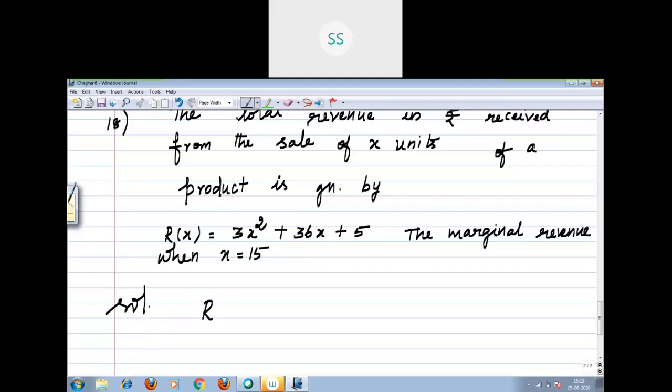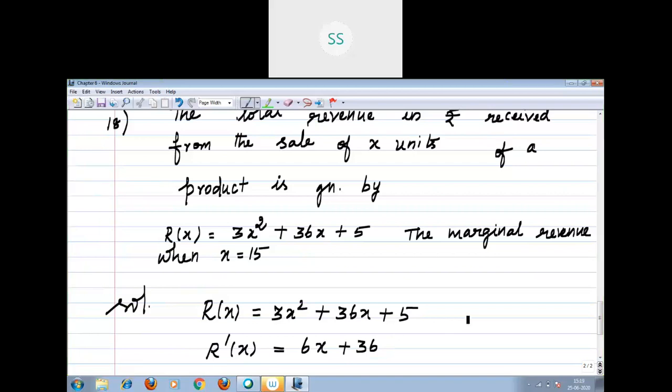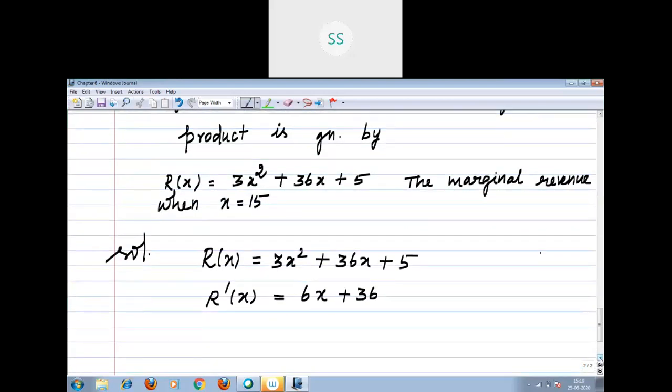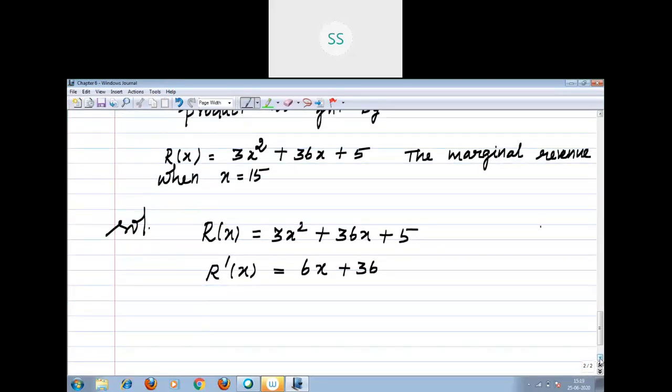R of x equal to 3x square plus 36x plus 5. You are differentiating with respect to x on both the sides. R dash of x is equal to 6x plus 36, because when you differentiate the constant you will get 0. Here also you are using the derivative of x power n, which is n into x power n minus 1. The same concept you use here.